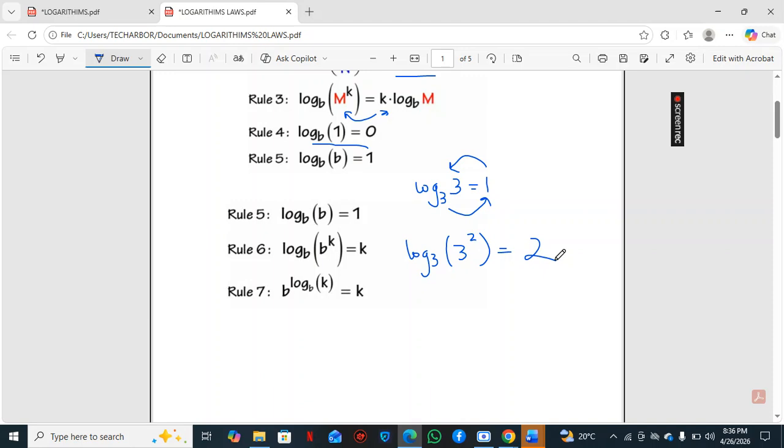Or even let's say, for example, log base 5 of 5 raised to the power 4, that is going to give you 4. That's for rule number 6.